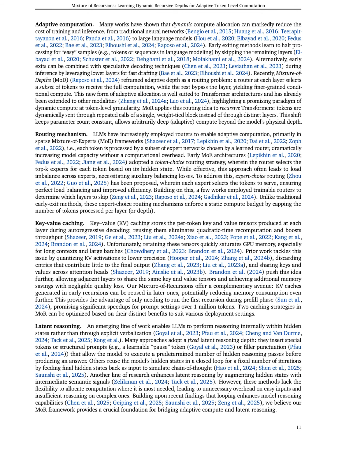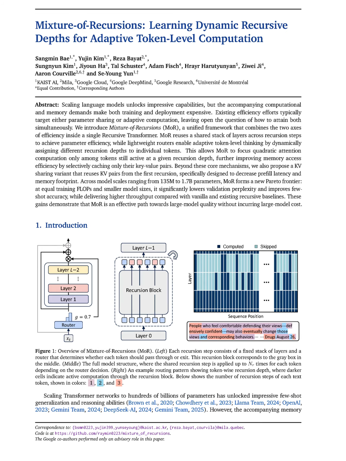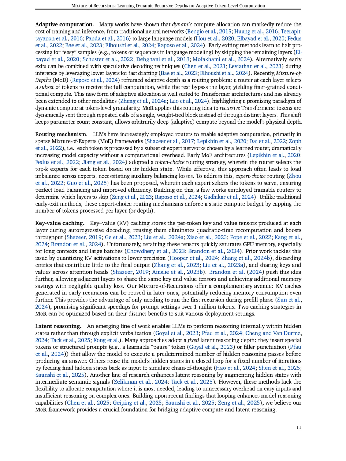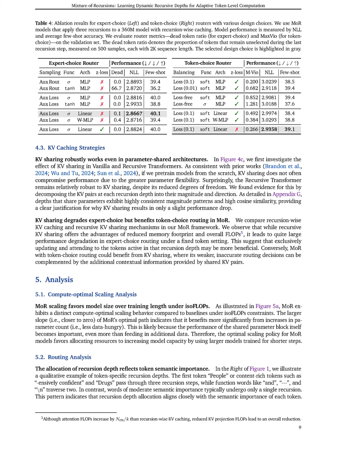During processing, the router evaluates the hidden states of these tokens and determines their respective recursion depths. As people and drugs pass through their assigned recursion blocks, they generate KV pairs at each step. However, only the KV pairs corresponding to the recursion depth assigned to each token are cached. For example, people stores its KV pairs at all three recursion depths, while "and" only caches its KV pair from the first step.